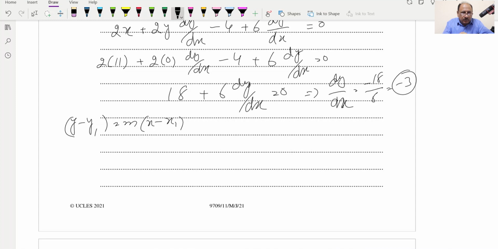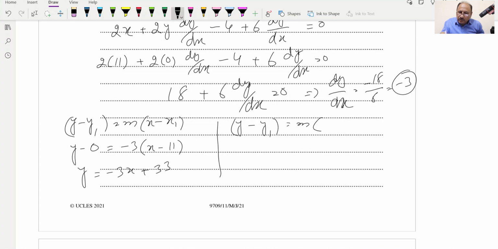Taking the point 11 and 0, y minus 0 is equal to minus 3 into x minus 11, and this will be y is equal to minus 3x plus 33.